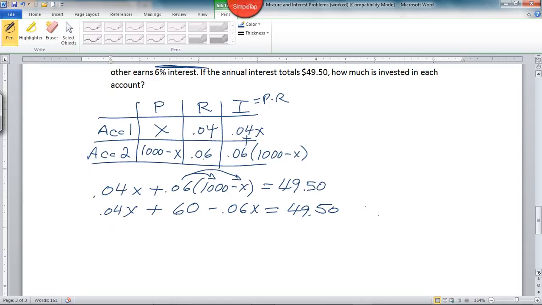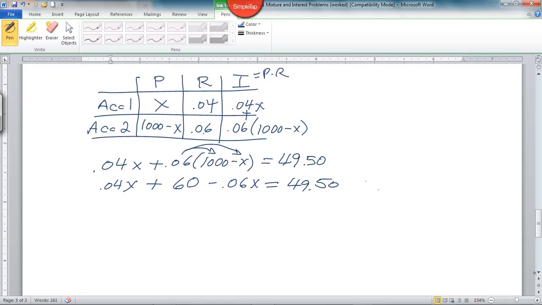All right, well, what do we got? 0.04x minus 0.06x, we've got like terms there, so subtract those. You get a negative 0.02x. Bring down the plus 60 and the equals 49.50.